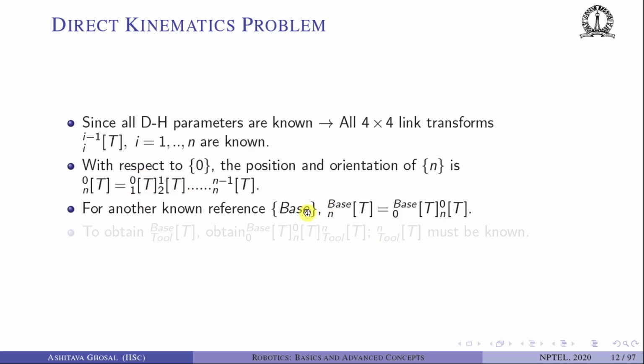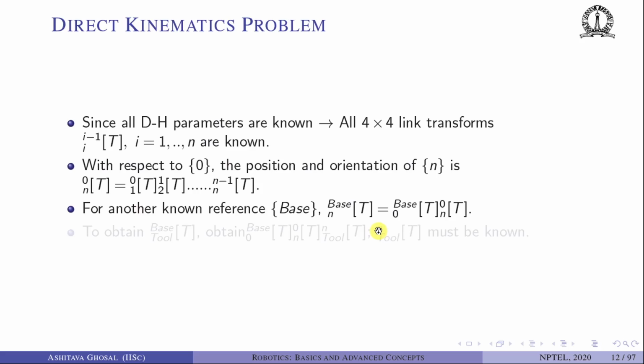If you want to find the position and orientation of the last link with respect to some other coordinate system, for example the base, then we need to know a transformation matrix from the base to n, and that is nothing but a product of two transformation matrices. So we want to find base to 0 and 0 to n. This is sometimes a useful problem because suppose I mount the robot on a moving platform.